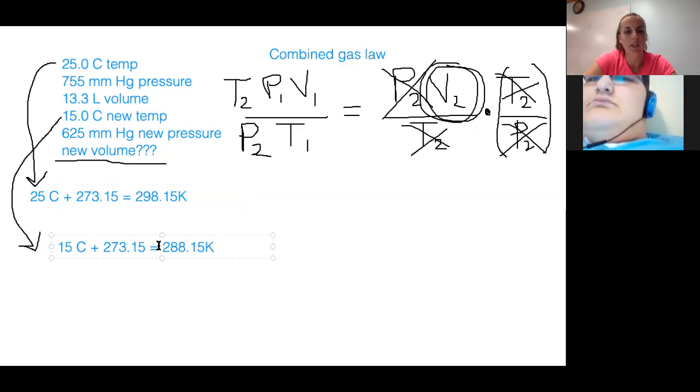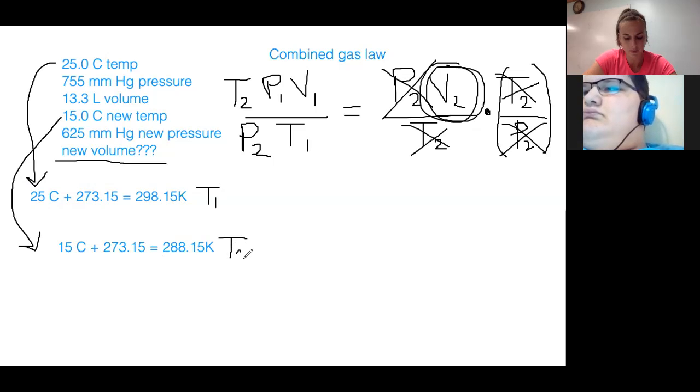Okay, so now I have my two temperatures. I'm going to label everything just to help me out. This is my first temperature that I started with, that's T1. This is my new temperature that it went to, which is T2. This is my first pressure, so this is P1. This is my first volume, that's V1.